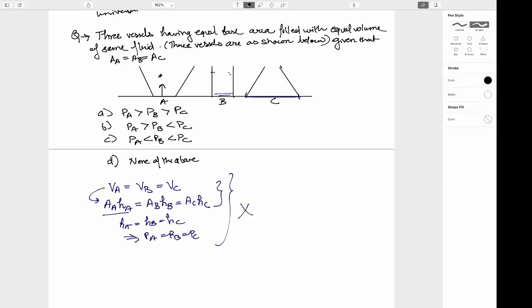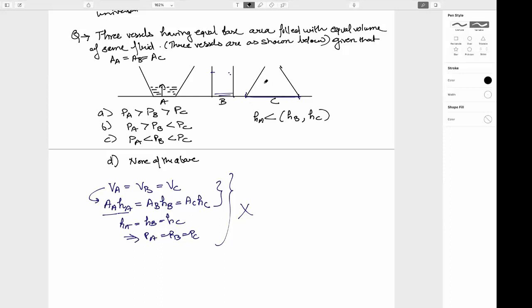As the area is increasing, it is definite that HA will be lesser compared to the other two, because in this case area is constant. In this case area is decreasing. So if you see the HA, first thing is very clear: HA should be less than HB and HC.